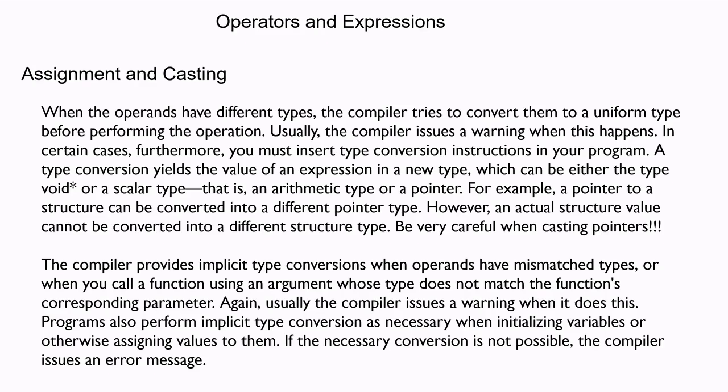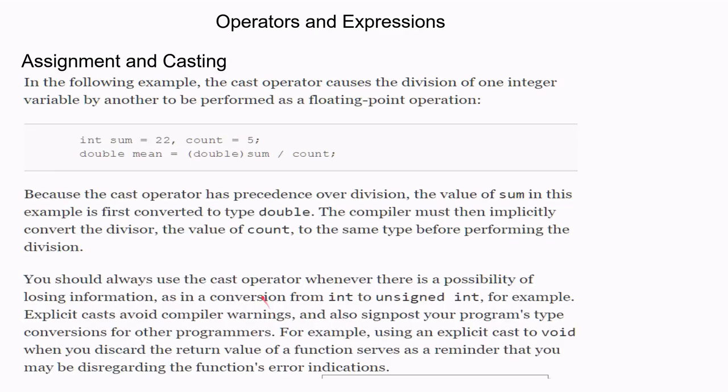Usually, the compiler will sometimes provide implicit type conversions, especially newer compilers, but it will issue warnings when this happens. Programs will sometimes do it when initializing variables, and if the necessary conversion isn't possible, the compiler will give you an error, and it will just not let you do that without explicit instruction to do so.